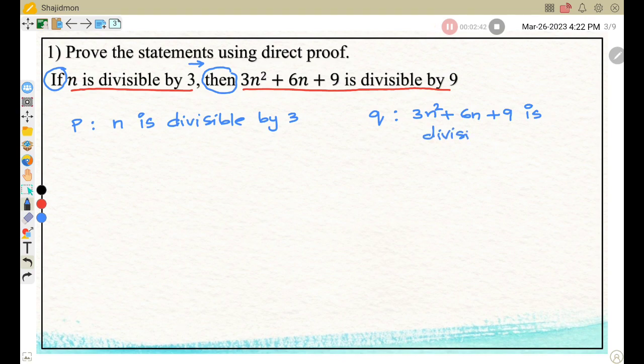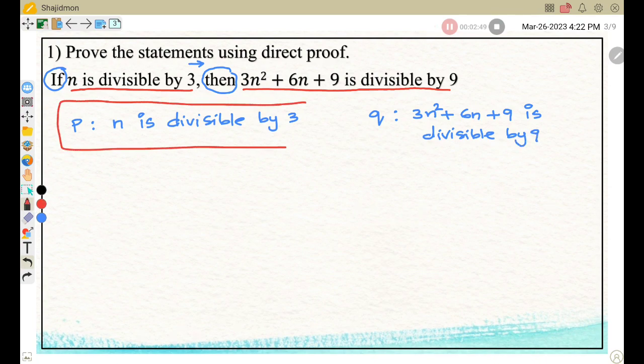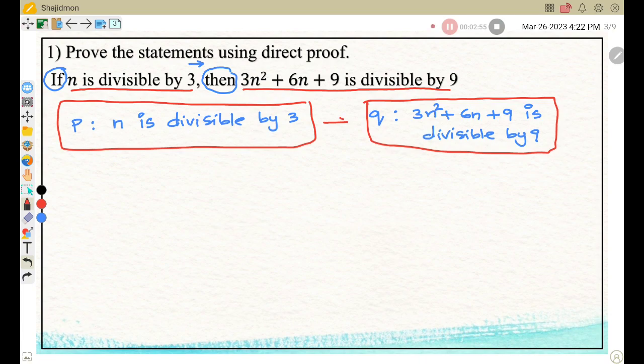This is the Q statement. So we have P and Q, correct? Now we need to prove P implies Q, by using the direct proof method, because this is a conditional statement.